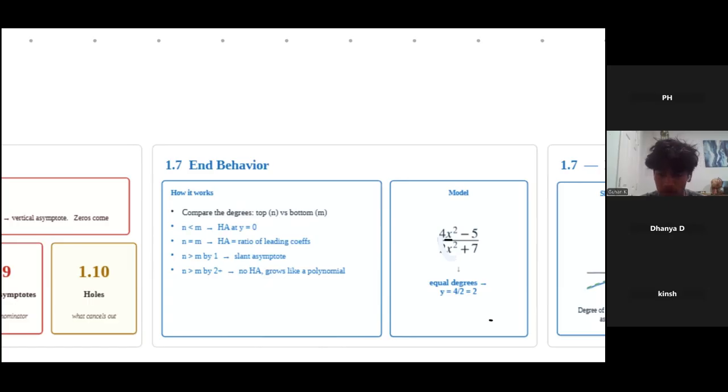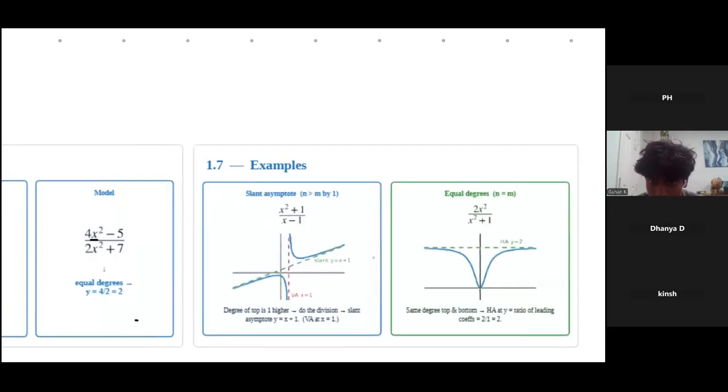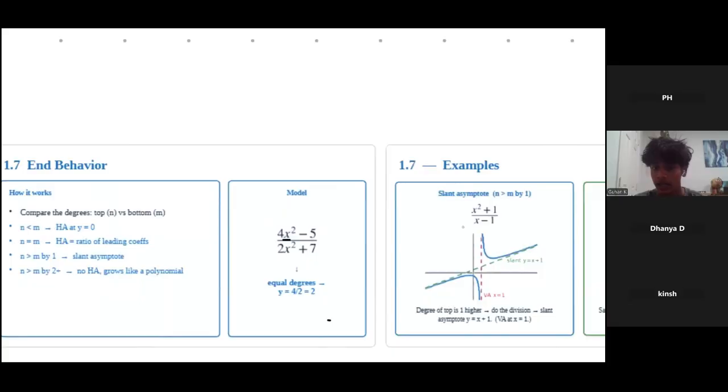Okay, here's the first example. This is a slant asymptote: x squared plus 1 over x minus 1. First thing we look at: can I factor this? No, it doesn't seem like I can. So now we look at the things we can get out of this. First, x minus 1 is going to give our vertical asymptote.